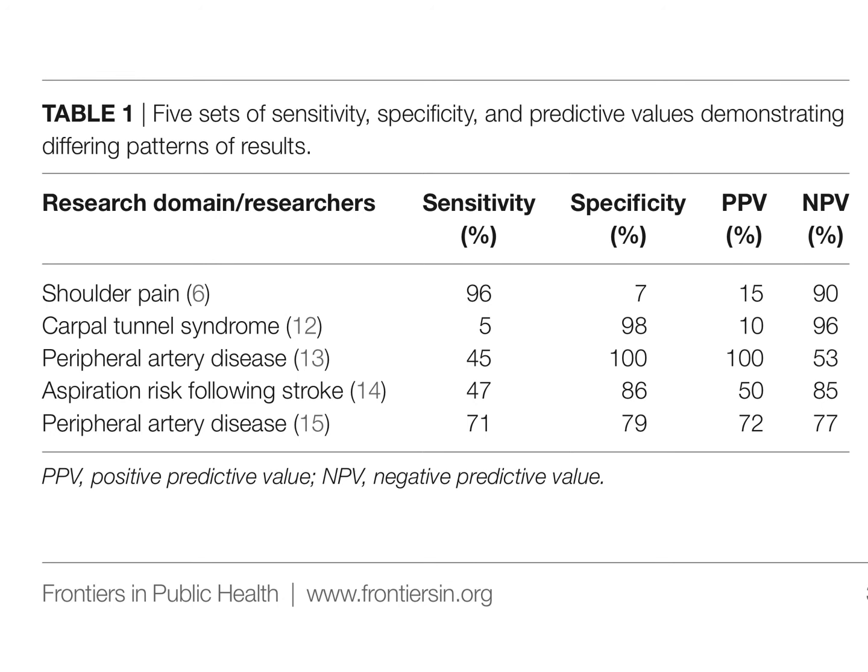For example, the first 2 examples there, shoulder pain and the carpal tunnel syndrome questionnaires, are very instructive. In one, the sensitivity is very high, the specificity is low, and in the other, the carpal tunnel syndrome one, the sensitivity is very low and the specificity is high. However, in the real clinical situation, the positive predictive values for those are both very low and the negative predictive values are very high. I'm guessing that indicates that questionnaire isn't actually all that useful clinically.